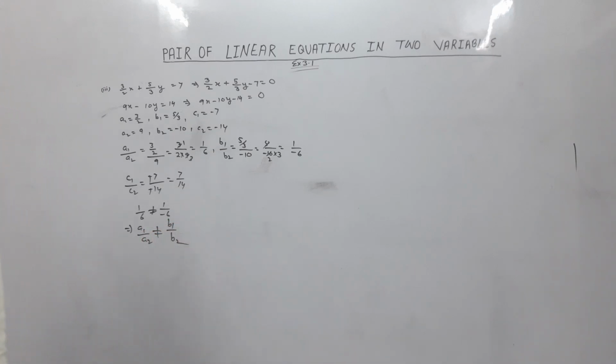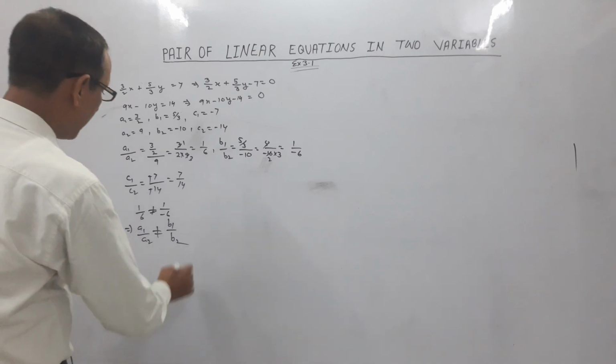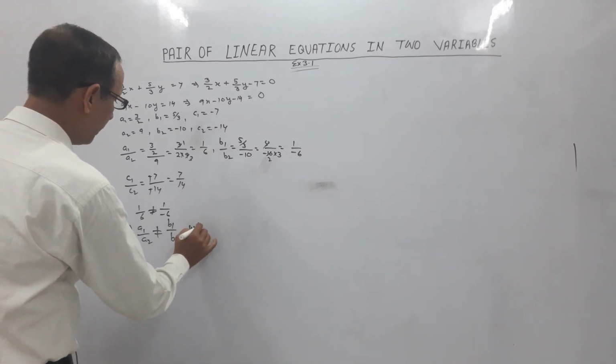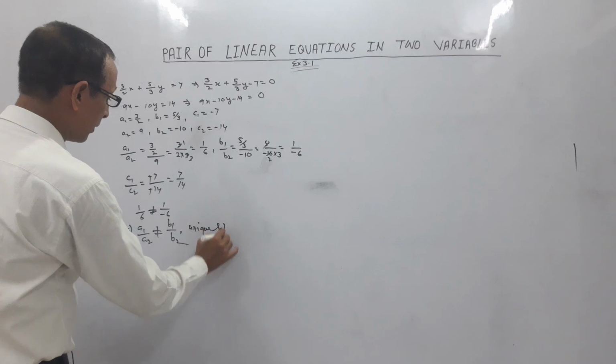So now this is the example of intersecting lines. So unique solution.